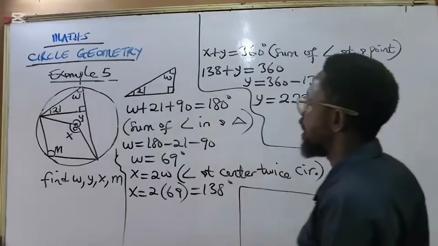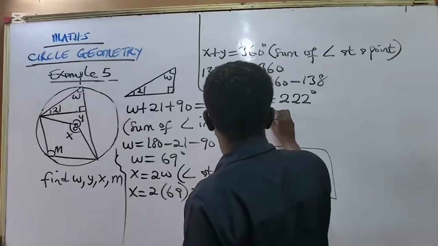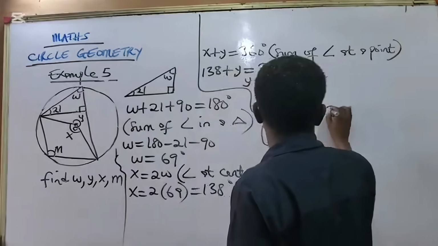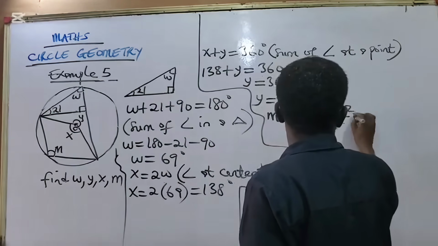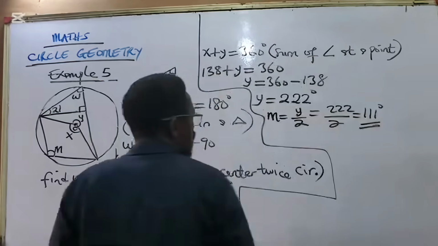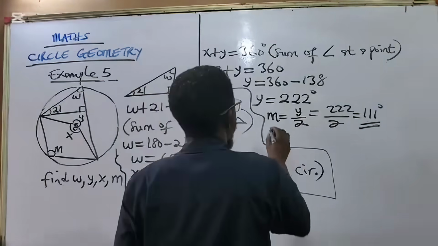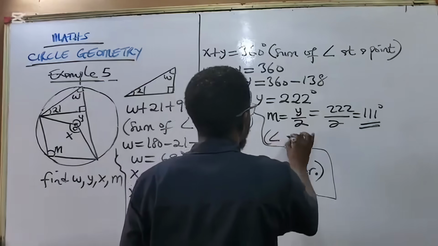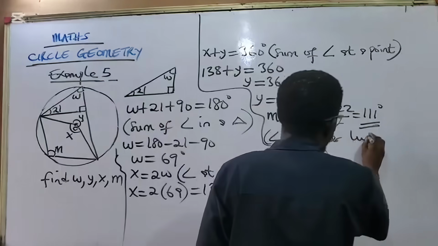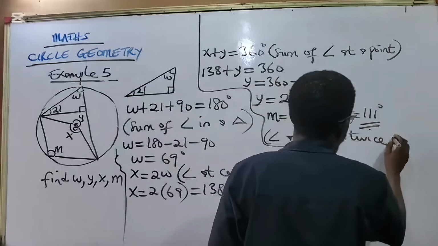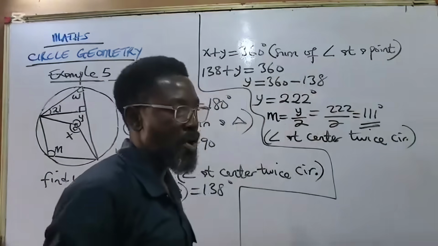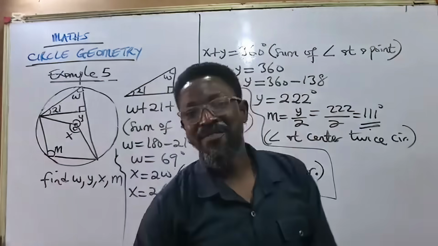So I'll get M equals Y over 2. And that is 222 over 2. That is 111 degrees. And the theorem is angle at center twice circumference. Angle at center twice circumference.